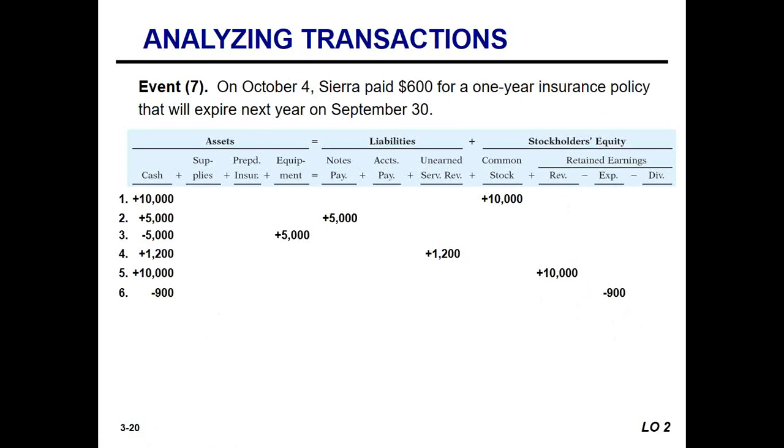So we set it up as prepaid because until I use it up, that company would owe me the money back. It's like unearned revenue, except the reverse. So I would decrease my cash and increase my prepaid insurance because I am paying ahead of time.